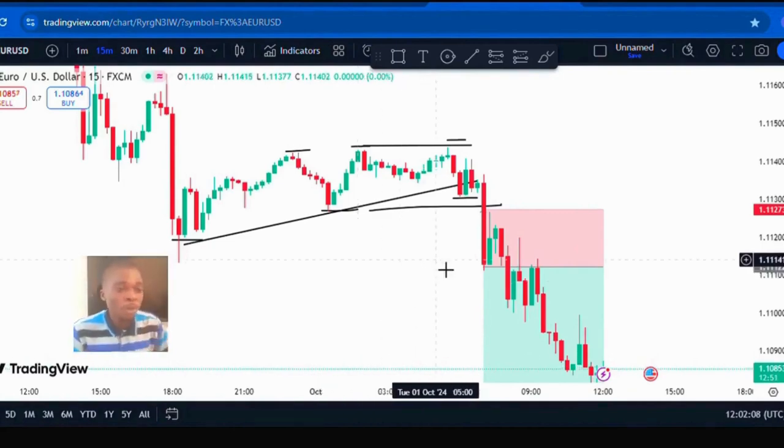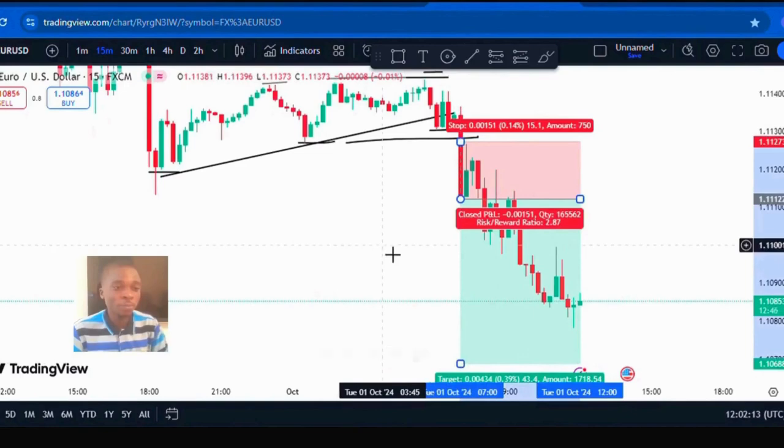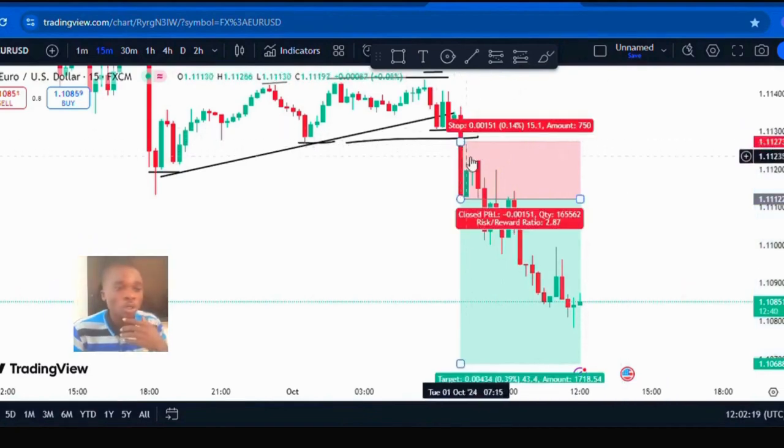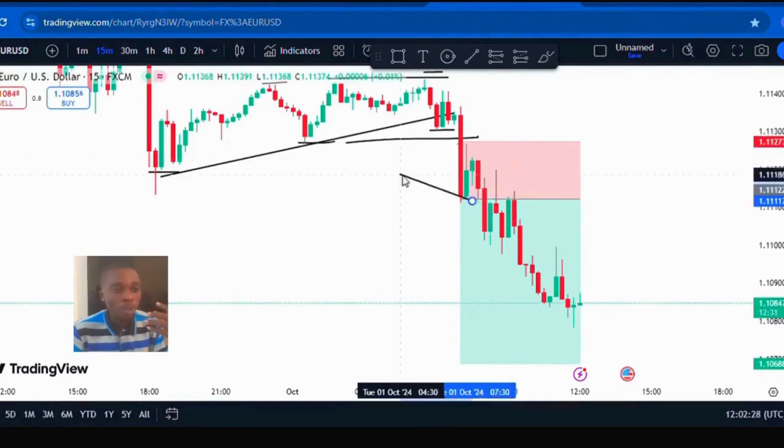As you enter, you look for your entry point and mark it, which is here is your entry point. Now here was your entry point.